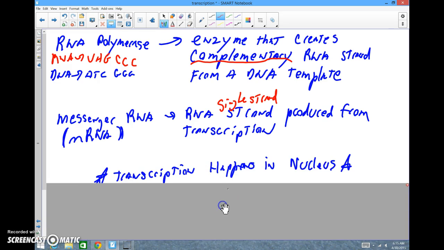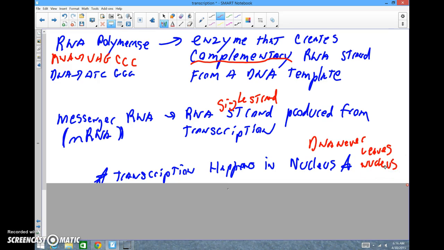A couple of key ideas are really important about this process. First, you need to understand that transcription happens in the nucleus of the cell. DNA never leaves the nucleus. You must remember that your DNA will never leave your nucleus.